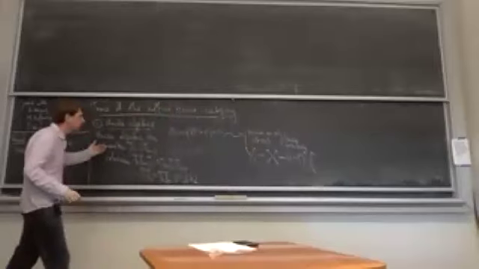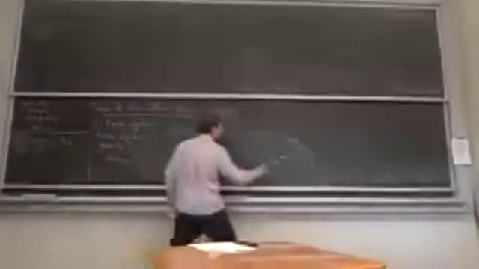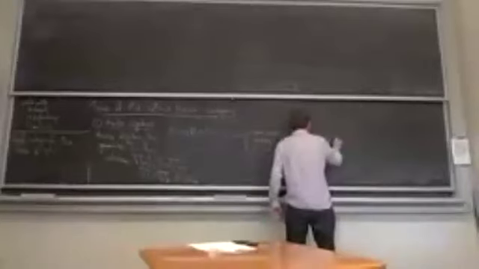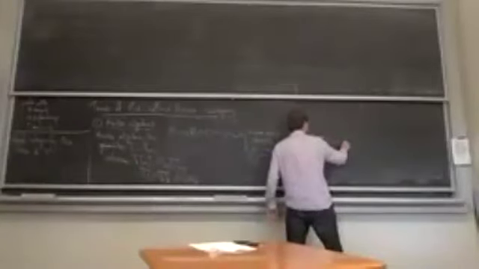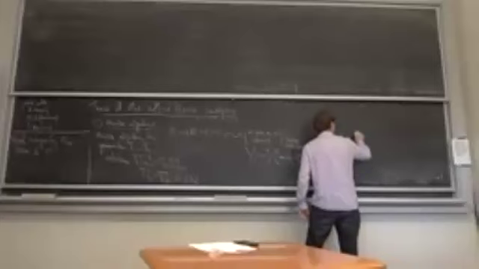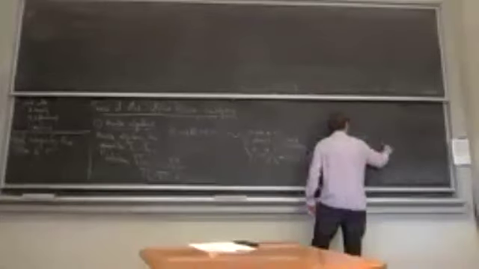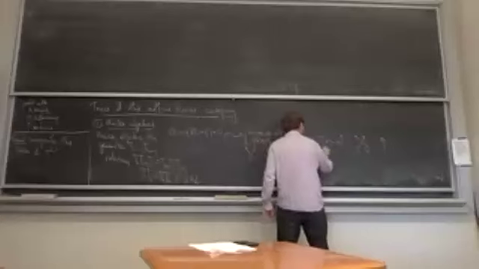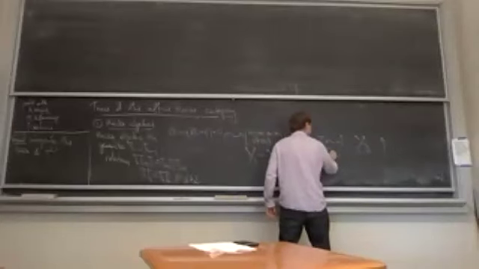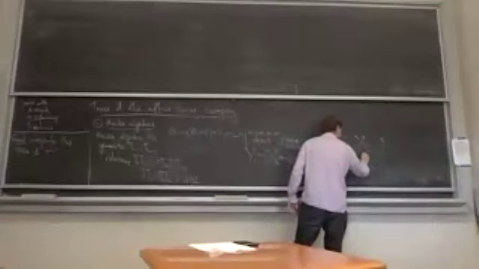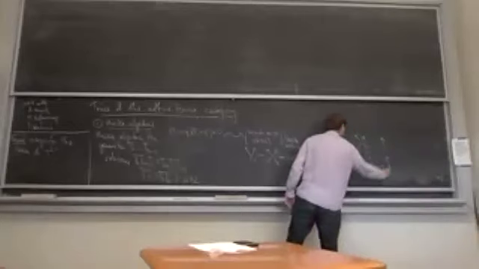The translation says that my Ti corresponds to the crossing between the ith and (i+1)st strand, and my Ti inverse corresponds to inverse crossings, the negative crossings.